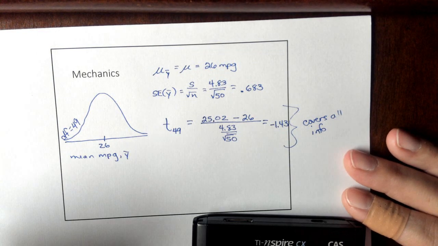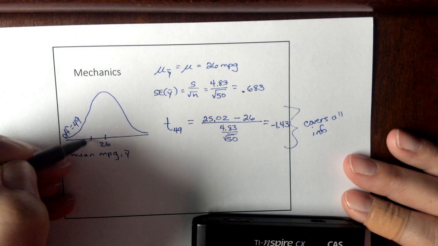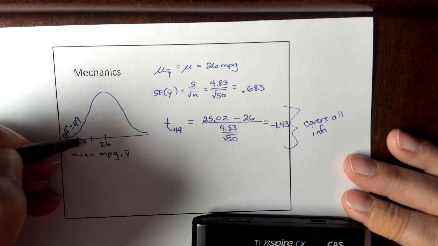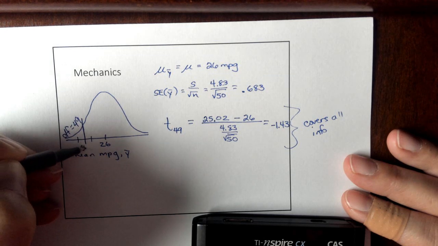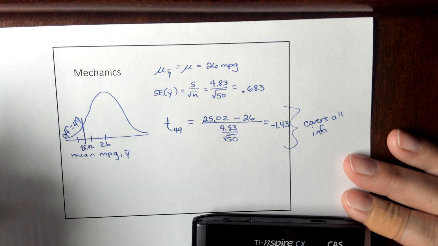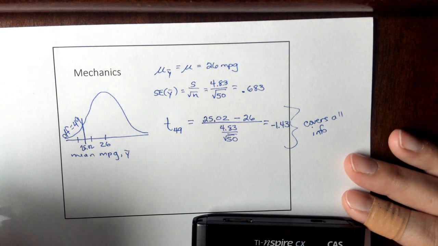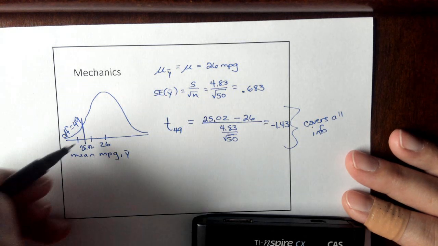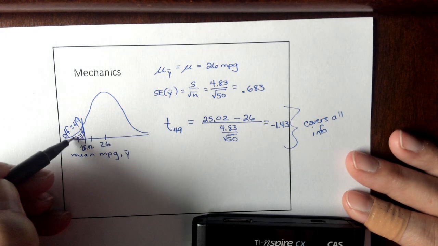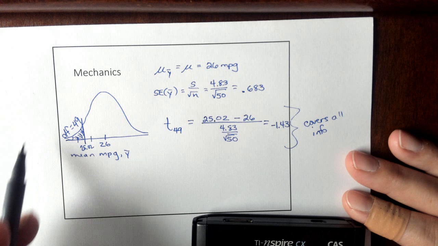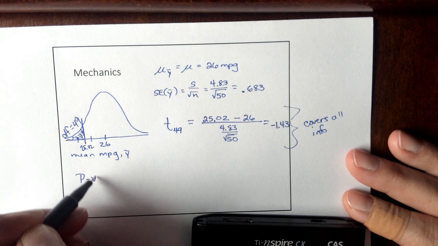I need a p-value. So negative 1.43, it's about here. This is where 25.02 hits. And since we had an alternative hypothesis that said we want to know if it's less than, we're going to shade to the left. If I want to know that area, that's my p-value.